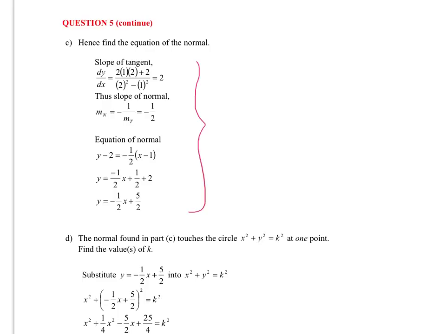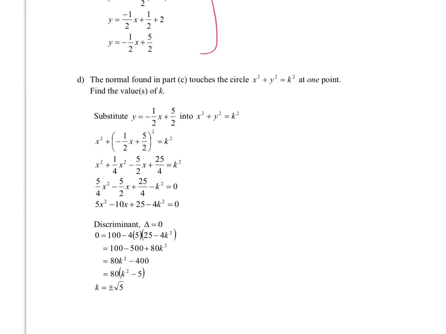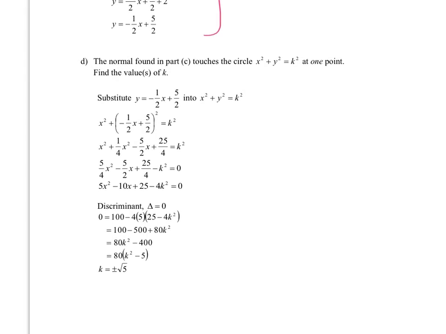Then the last bit is a bit challenging, but if you are careful to think about it. They say here the normal found in part c touches the circle at one point. So in other words, the function was something like this, and this is a tangent at the point (1, 2).